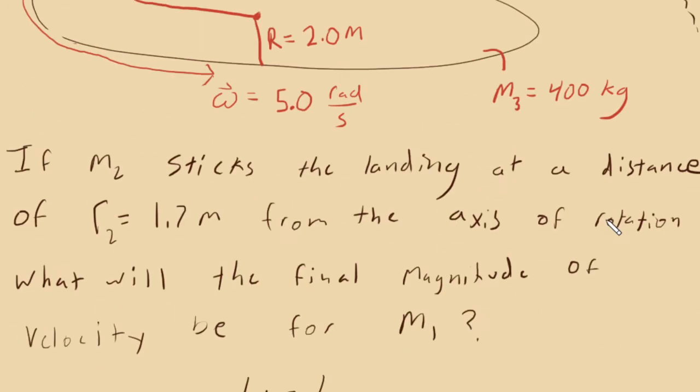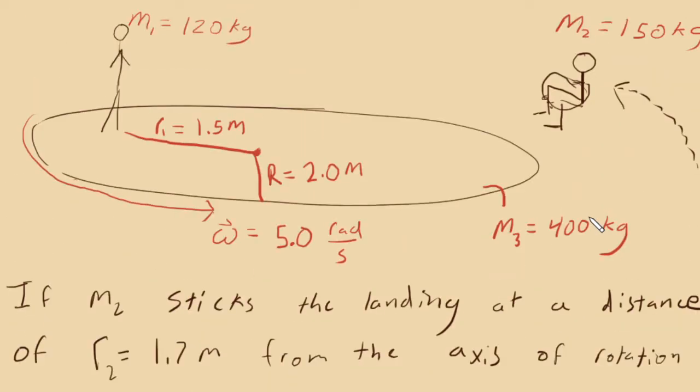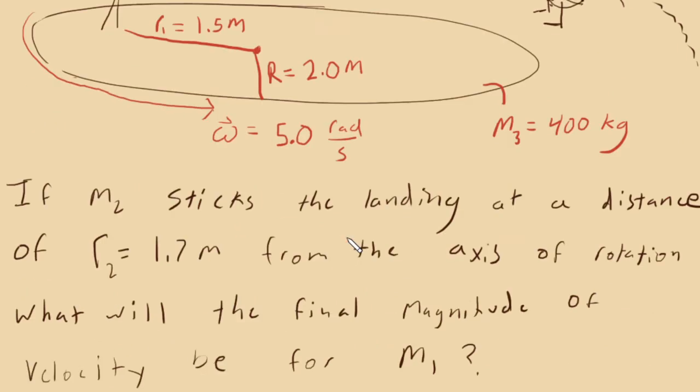And so that's where our conservation of angular momentum comes into play. It becomes helpful, just like when we had our problems with crashing cars and whatever else we talked about. We can just set up our momentum initial and our momentum final and solve for whatever we're looking for.